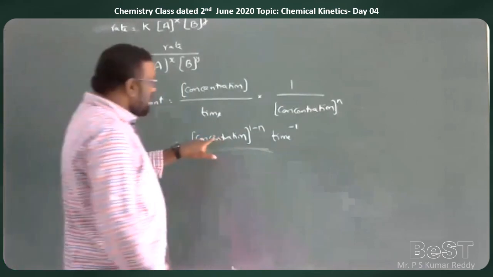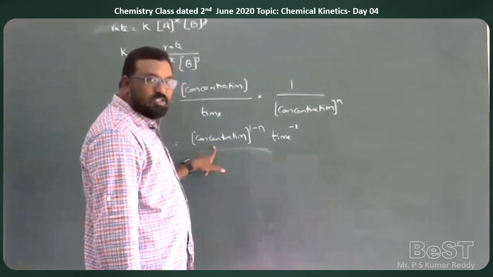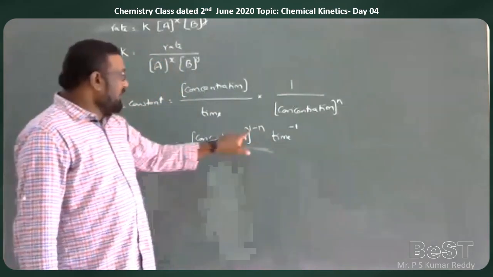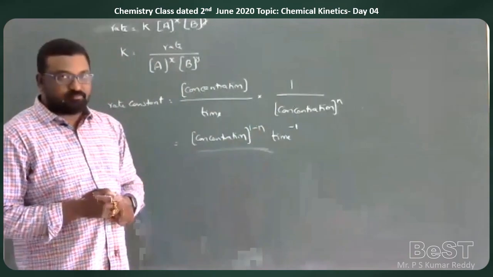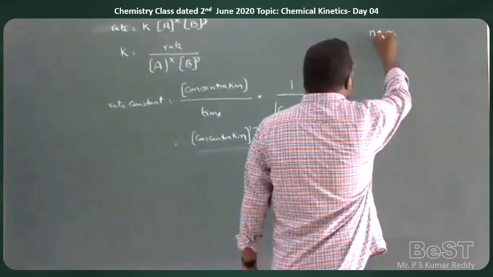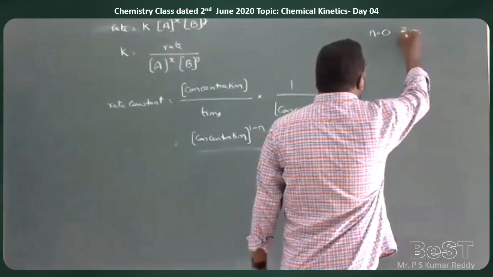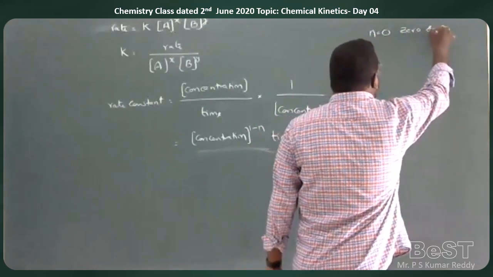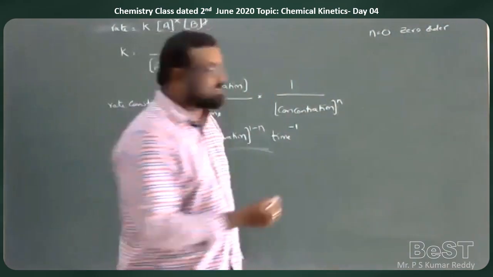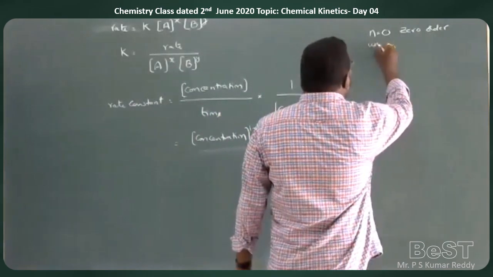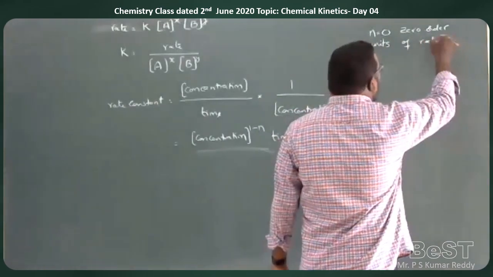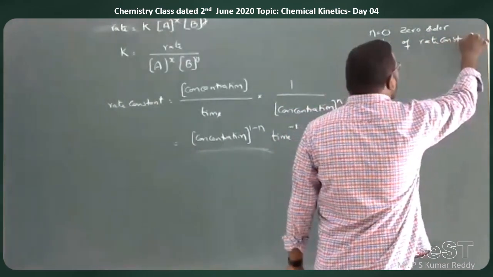Here, concentration will generally be taken in moles per liter, time will be taken in minutes, hours, or seconds, and n is the order of the reaction. Now, when n is equal to 0, that means this is a zero order reaction. What are its units? How do we calculate the units of a rate constant for a zero order reaction?